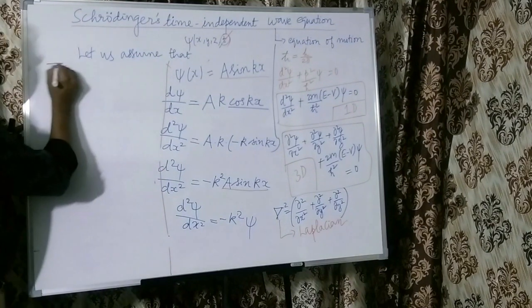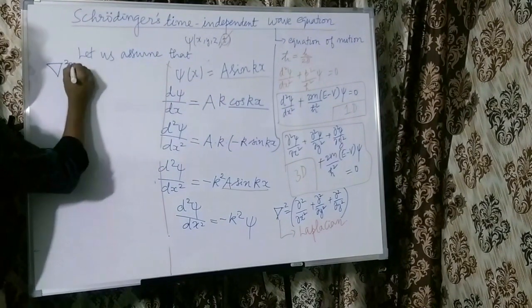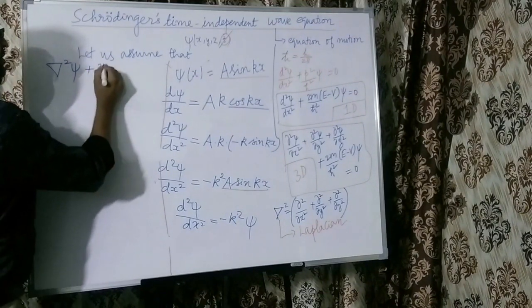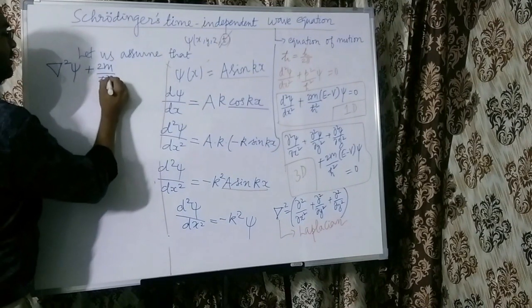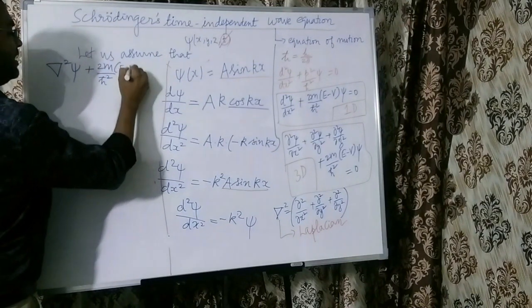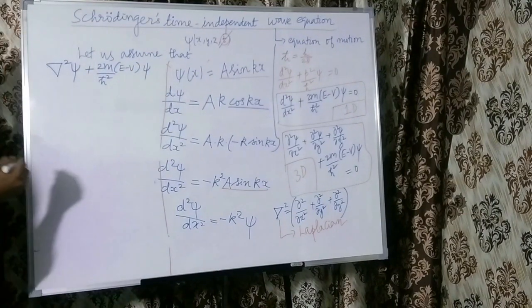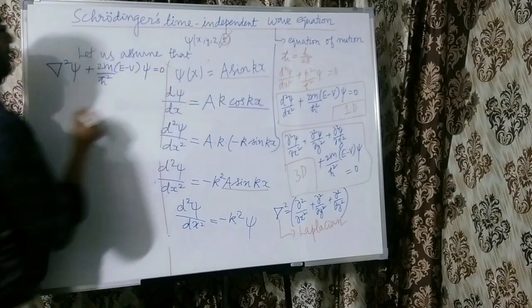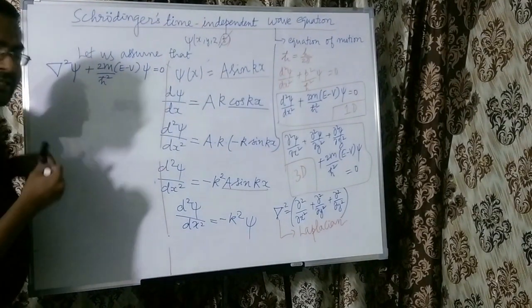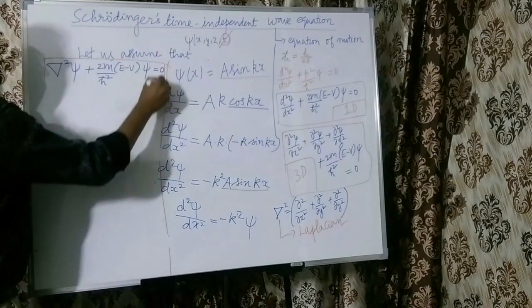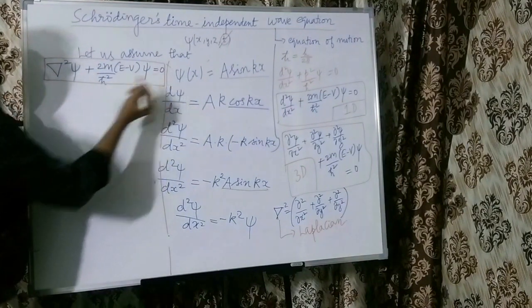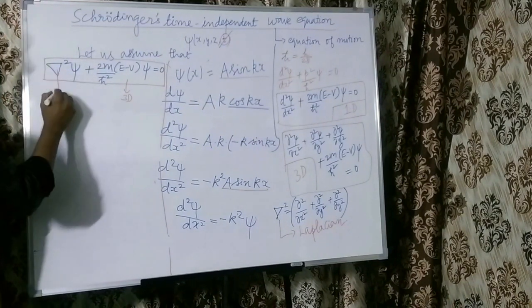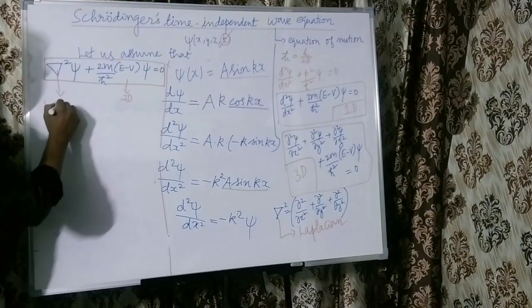Therefore, we can write the same equation as del square psi plus 2m by h cut square E minus V of psi is equal to 0. So, this is the Schrodinger's time-independent equation in 3 dimensions, written in a very elegant form using what is called the Laplacian operator.